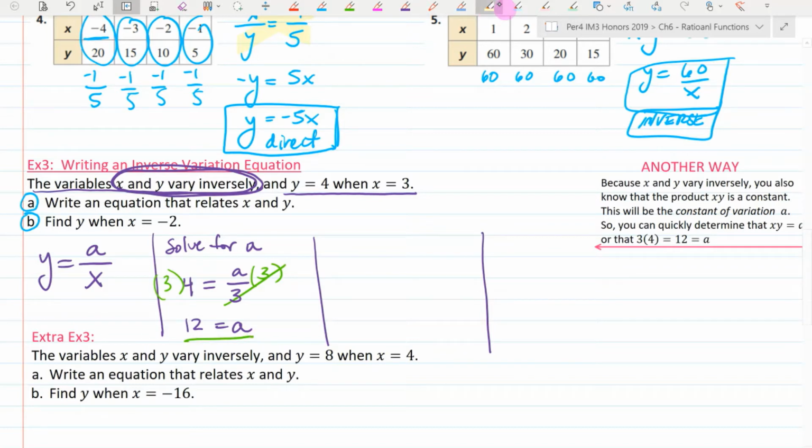Our first answer will be here, a, and our second answer will be here. The first question asks, write an equation that relates x and y. That is the first equation with a filled in.